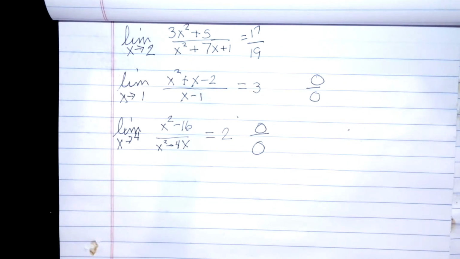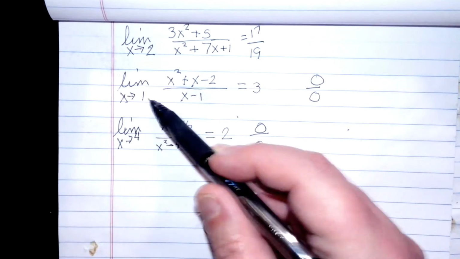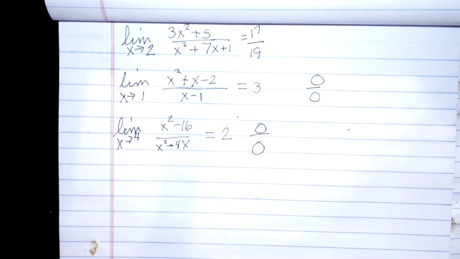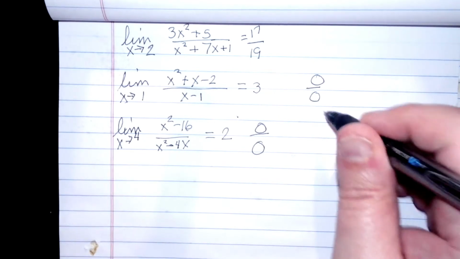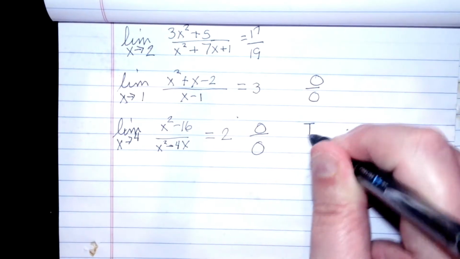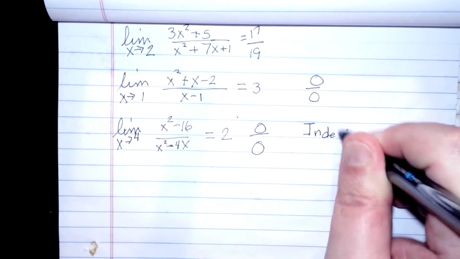In the event that you get 0 over 0 when you substitute in the given value of c for x, what that's telling you is that there is more to do. 0 over 0 is what's known as an indeterminate form.